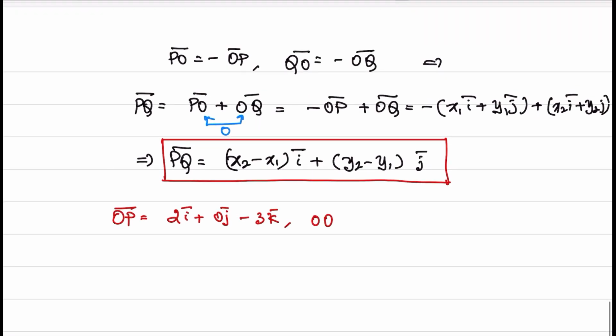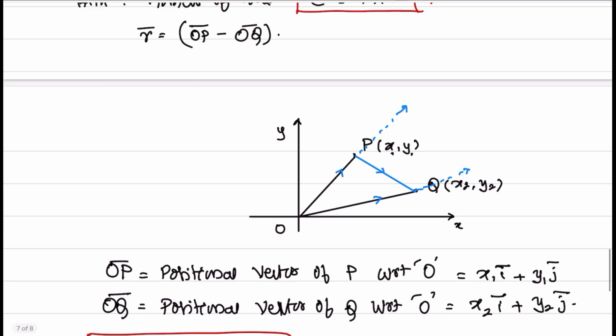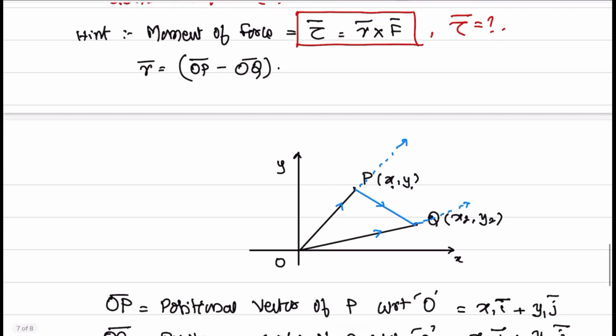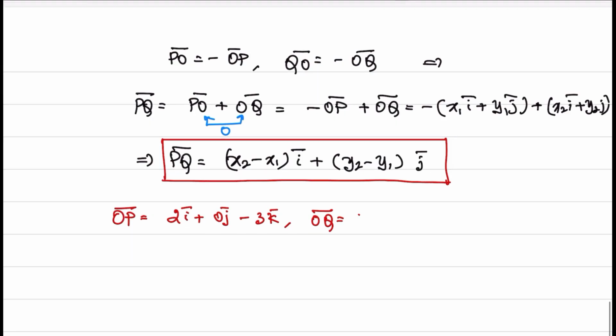What is OQ? OQ is 2i minus 2j minus 2k. Almost I have solved the problem.